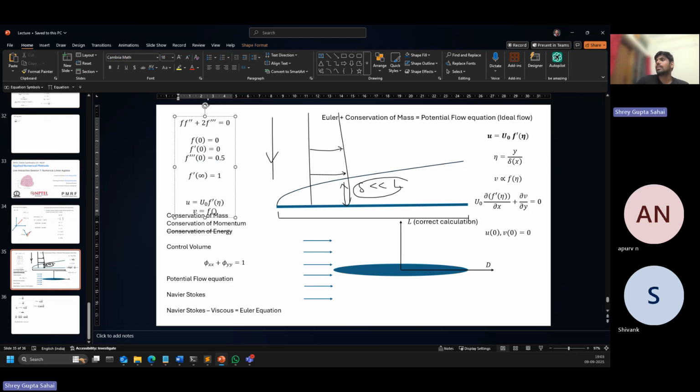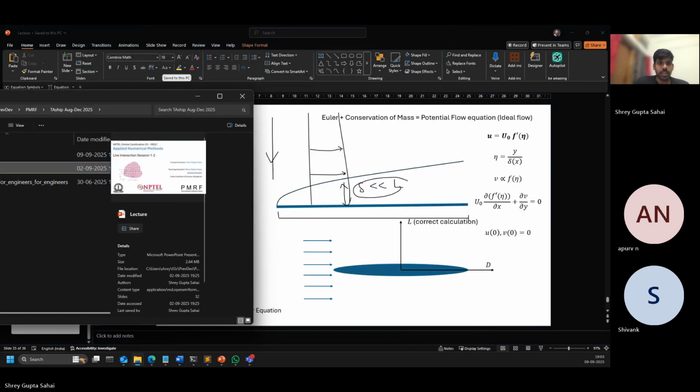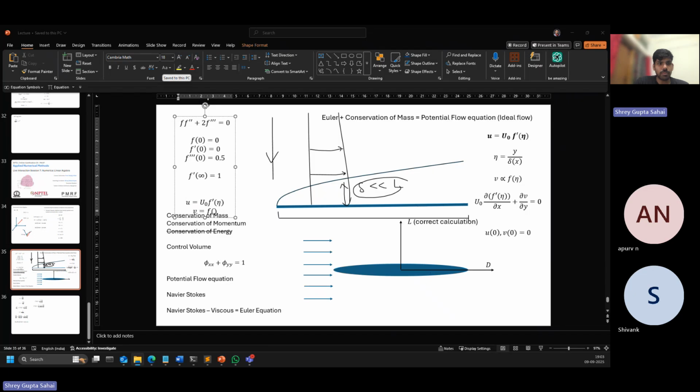You tell me the way you will solve it. Meanwhile, I'll open a nice book where this shooting method is nicely given. How do you solve this, with RK4 or whatever you have?